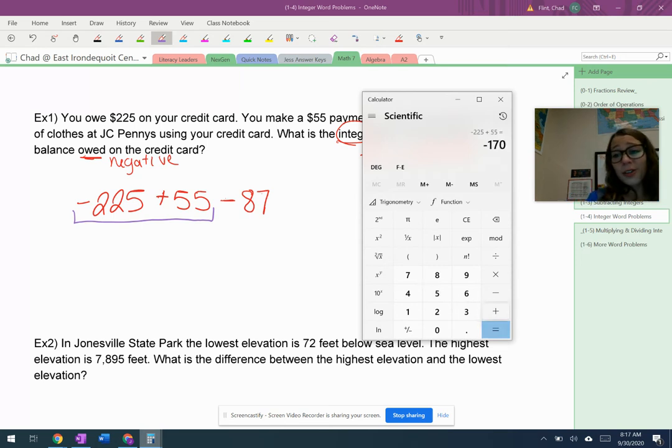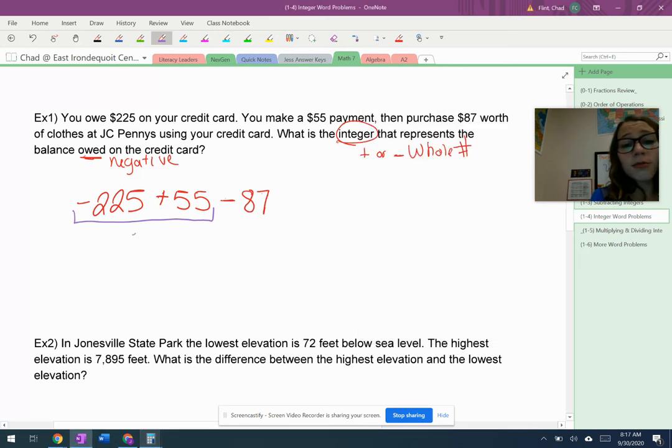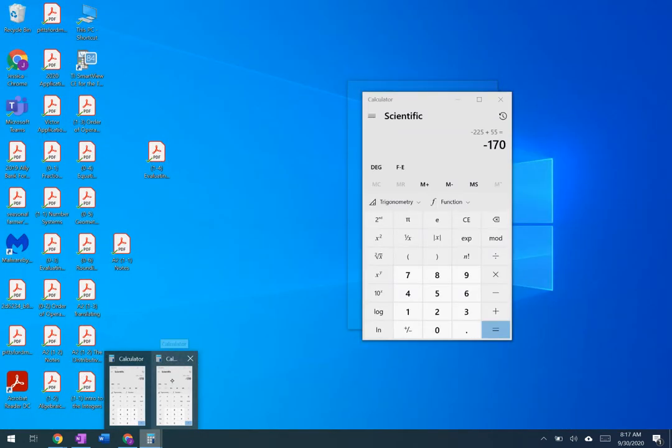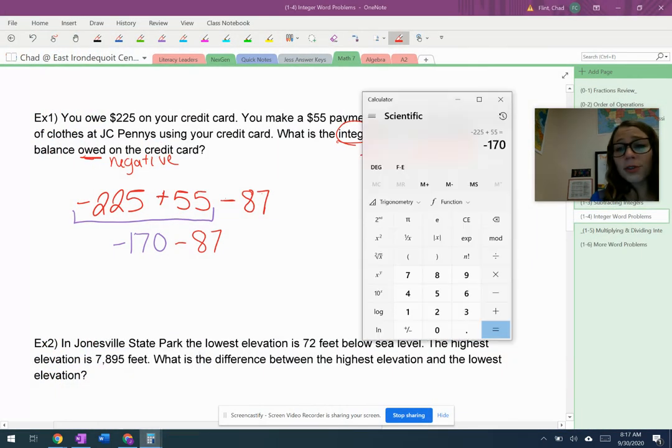So now this is how you're going to get that credit for the second part, is by showing me this in-between step. So you added these two and you got negative 170. So take a second, write that down, carry down my minus 87, and then go back to your calculator and do that last step.